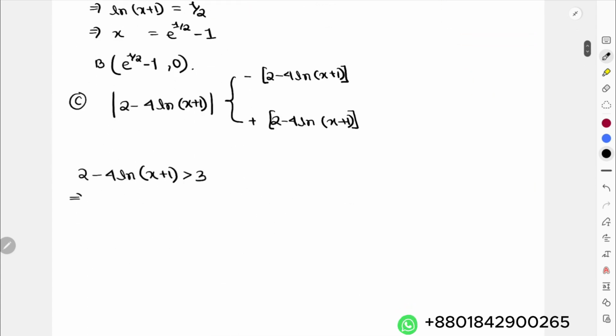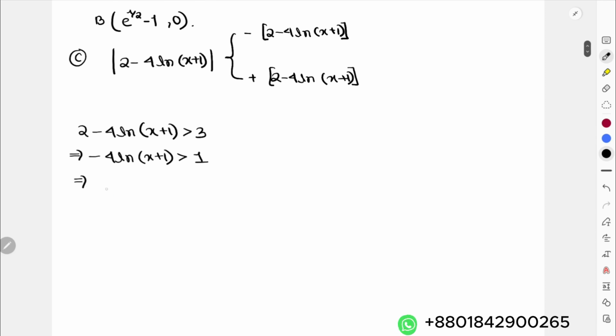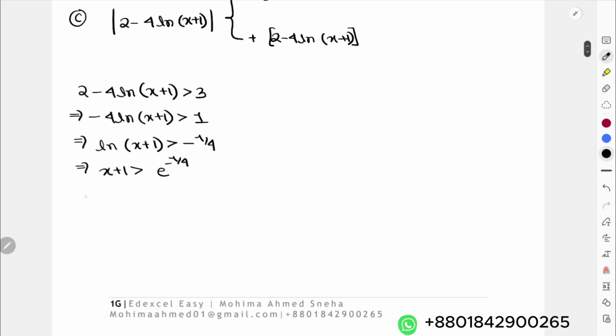If you take this to the right hand side, 3 minus 2 is going to be 1, so you get minus 4 ln(x plus 1) greater than 1. Simplifying, you get negative 1 by 4, ln(x plus 1) negative 1 by 4. Move the ln to the right hand side and it becomes x plus 1 e to the power of negative 1 by 4, and eventually you get x greater than e to the power negative 1 by 4 minus 1, right?